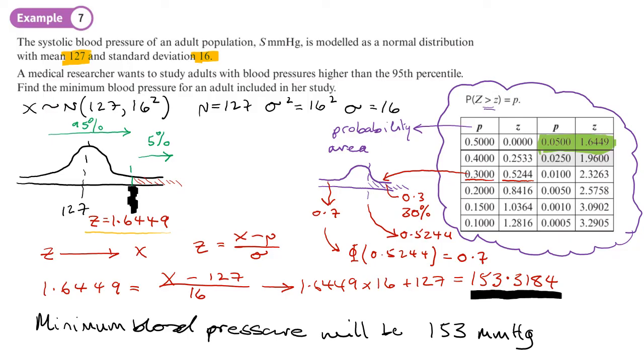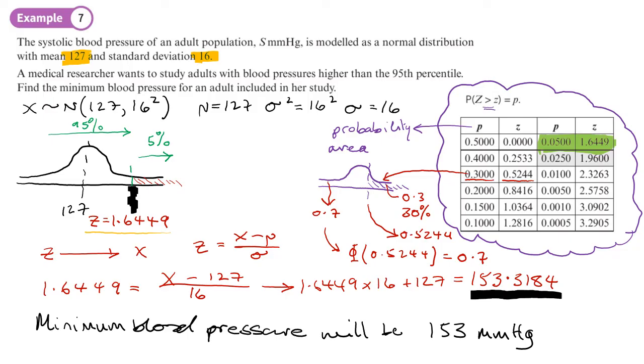Now I could just as easily have worked that question out by using inverse normal. If I was doing that by inverse normal, I'd go to menu 7, I would do inverse normal, which is number 3. I will type in an area from the left of 95% or 0.95.